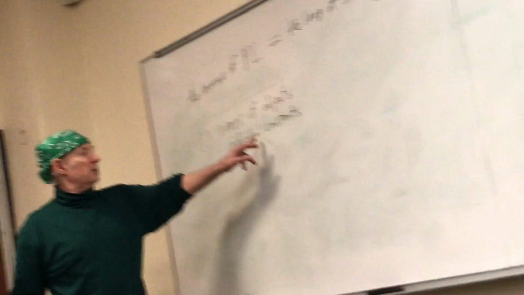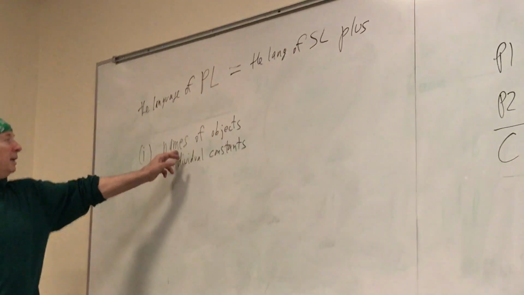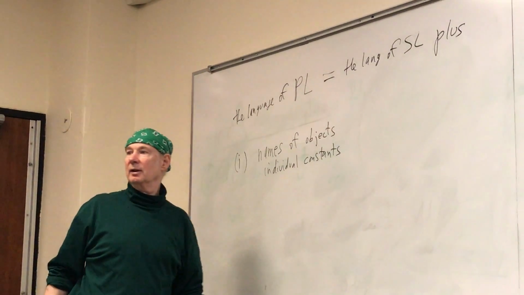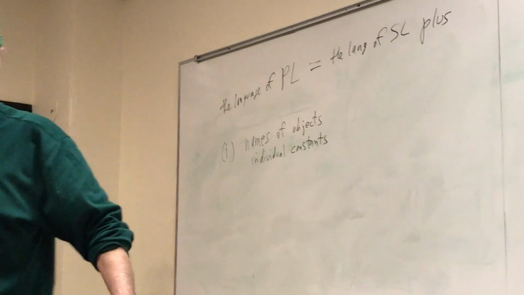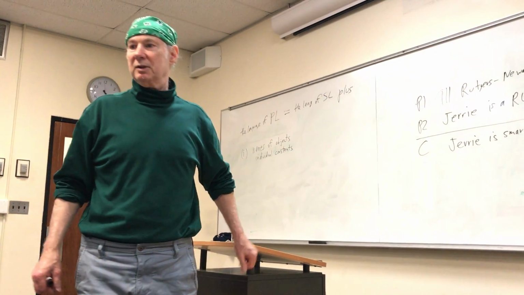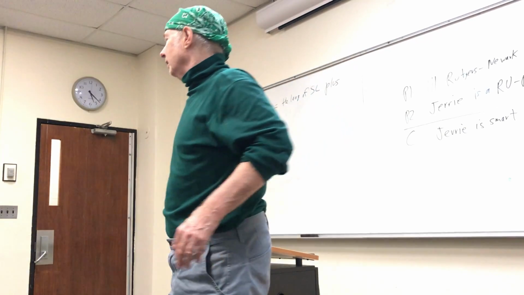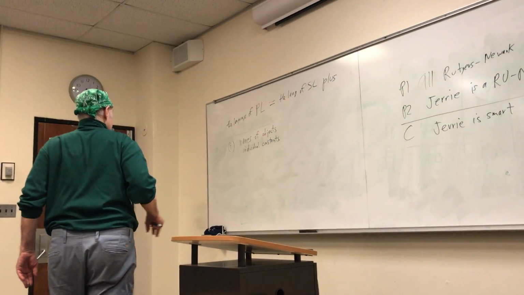And the reason why is people in logic call objects individuals and names are constants. But we can't go into this because we really don't need to know about constants for this course.